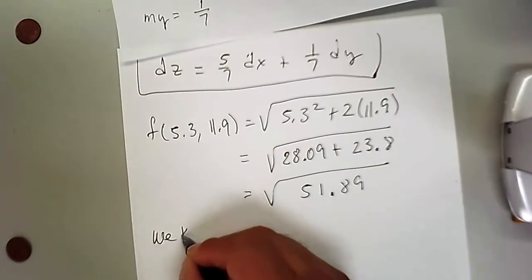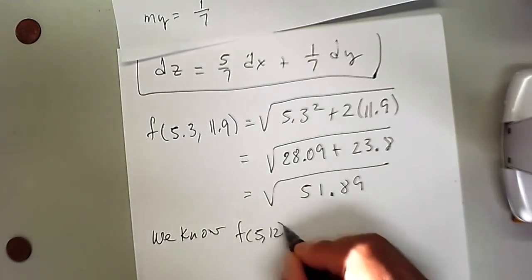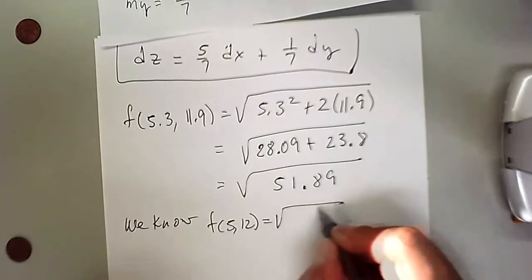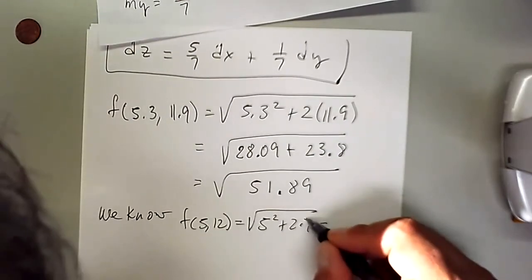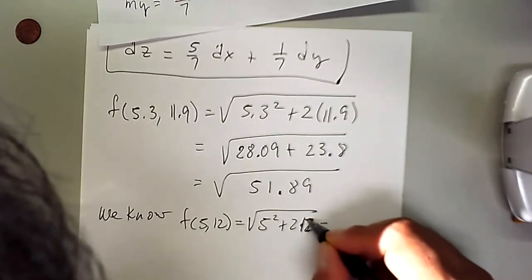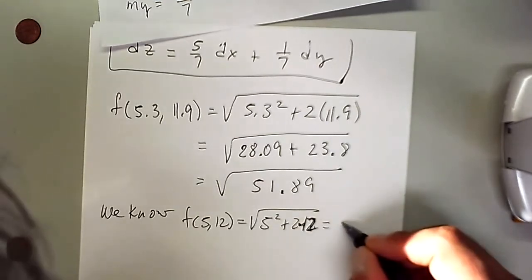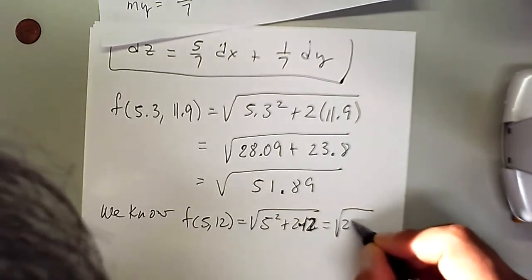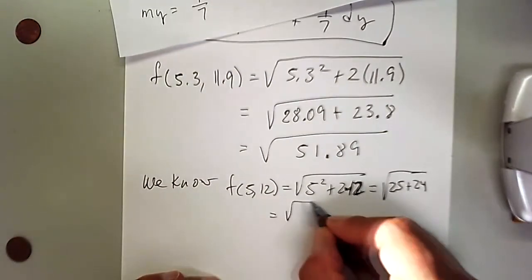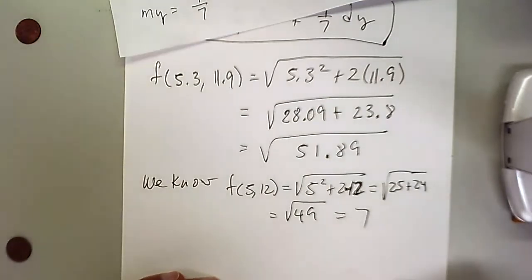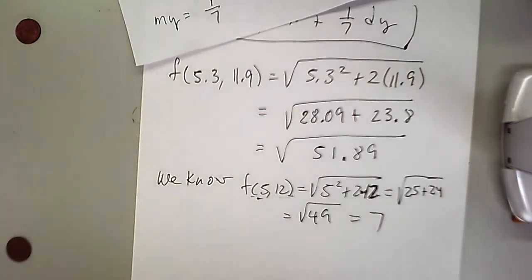So we know f of 5, 12 is the square root of 5 squared plus 2 times 12. That is the square root of 25 plus 24, the square root of 49, which is exactly 7. So the output here is 7.